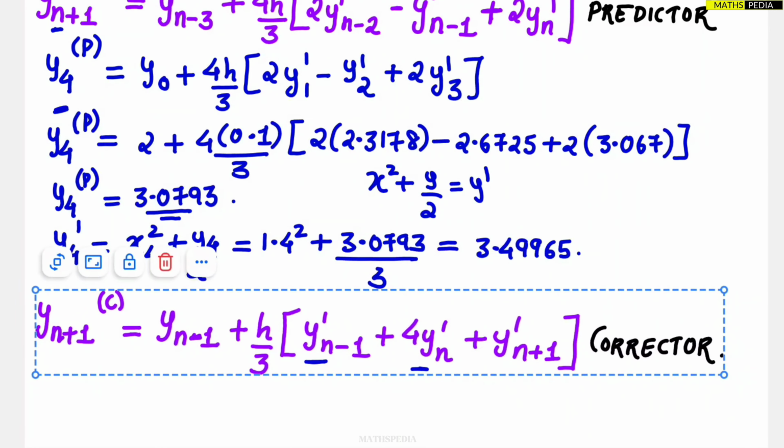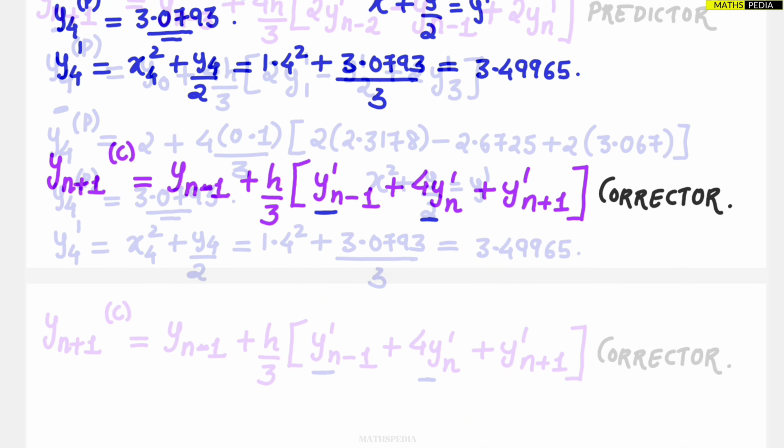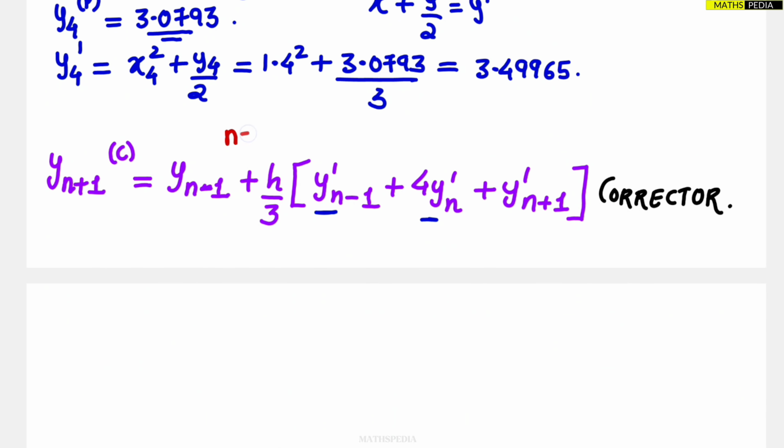So this is the corrector formula we have got. Okay, the same thing, that n value we have to substitute as 3, h value we have to consider 0.1. Write the formula, y3 plus h by 3.